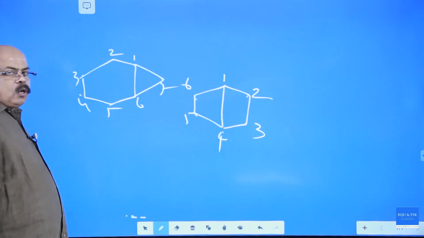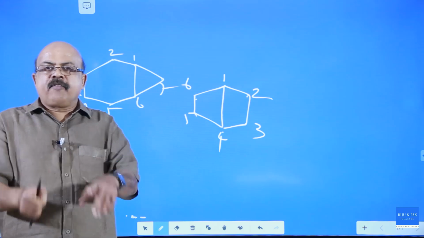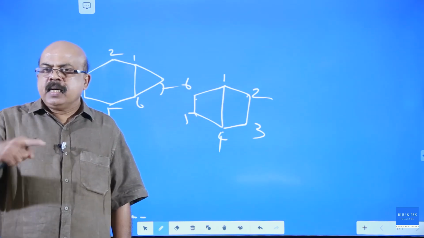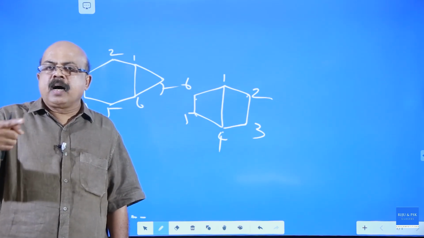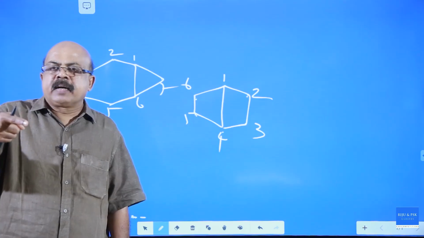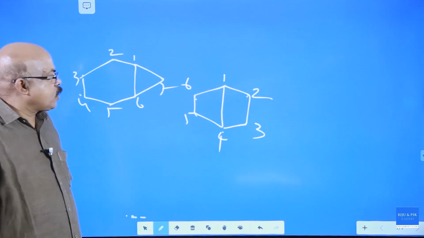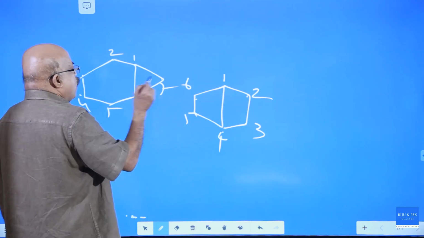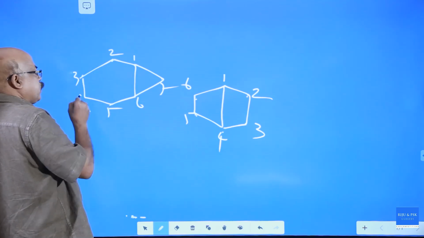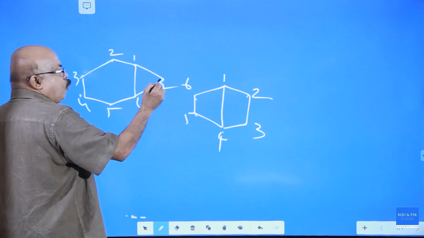So in bicyclo compounds, start numbering from the bridgehead carbons. Number the longest, biggest carbon bridge first, then the smaller carbon bridge, finally the smallest. Here it is 2 carbon, 1, 2, 3, 4 carbon bridge, 1 carbon bridge.